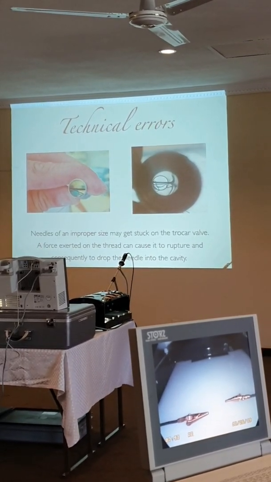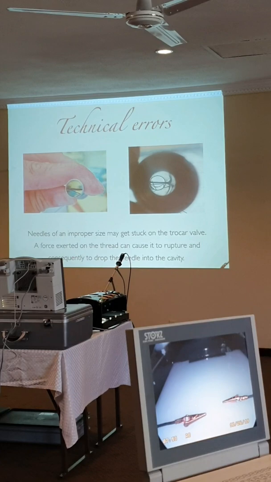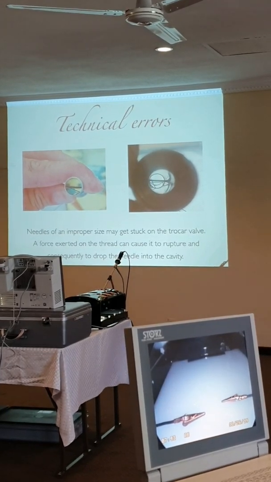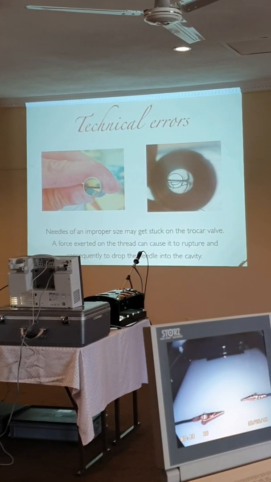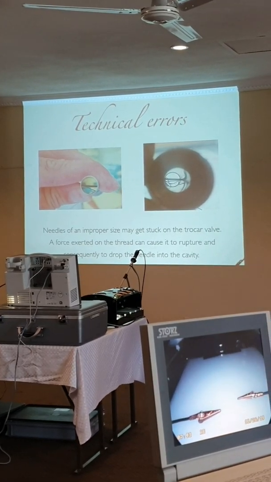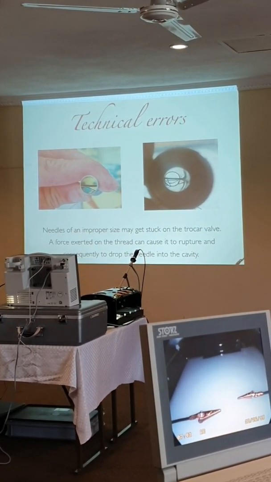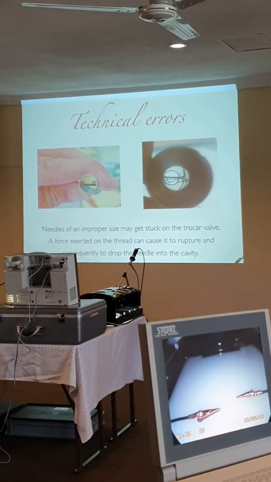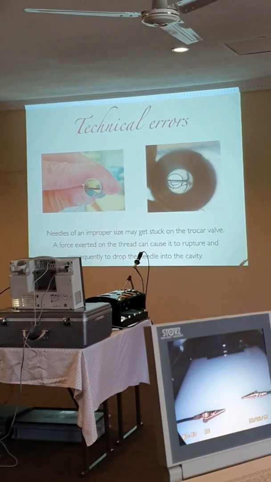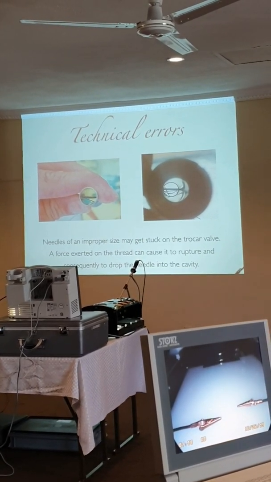But where is the needle? First of all, you look on the trocar valve. You open the trocar and look at the trocar valve. But if the needle isn't there, it's in the cavity. So it's a big mistake.